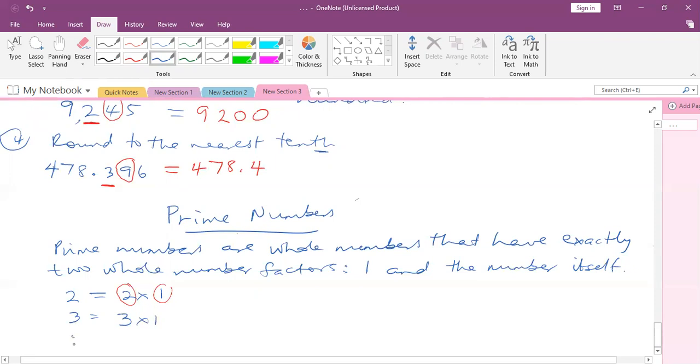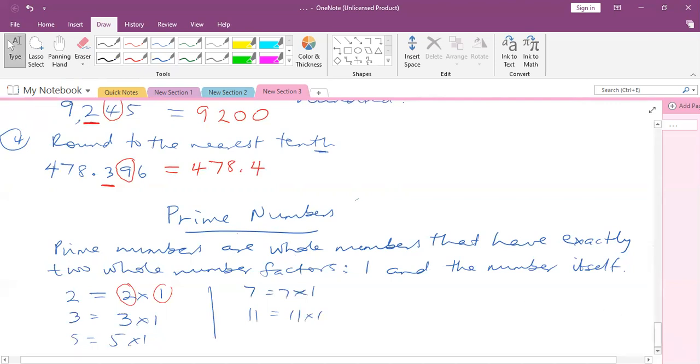What about 5? 5, you can only have 5 times 1. What about 7? 7, you can have 7 times 1, nothing else. If we take 11, 11 times 1, nothing else. So these are prime numbers. Okay, if the number has more than 2 factors, then it cannot be a prime number.